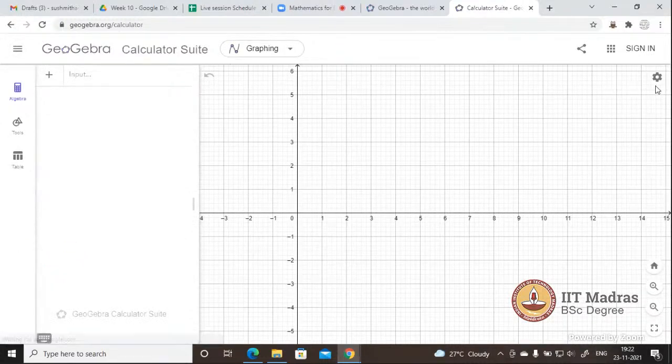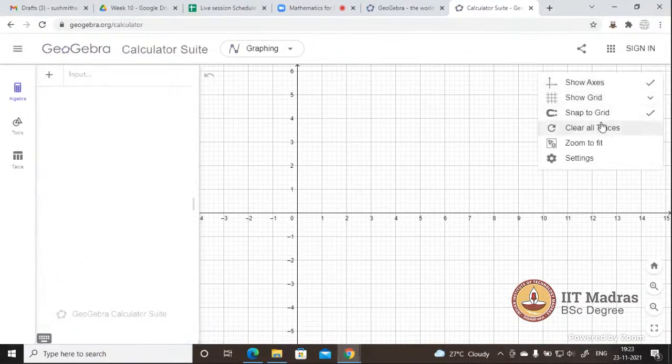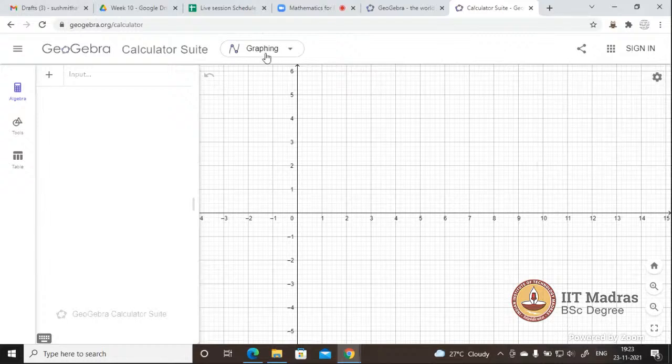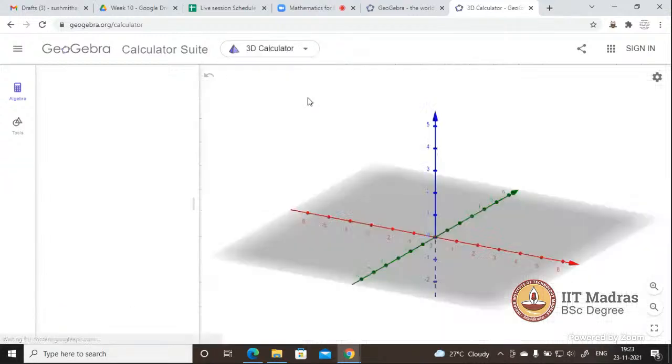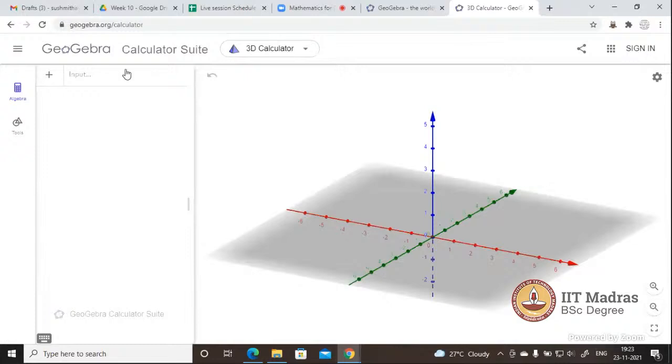Oh, this one, somewhere here it is. On the graphing, 3D, in the input you can write sine xy.